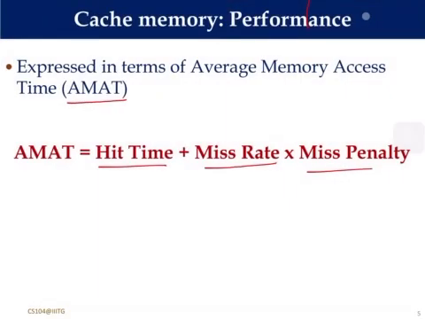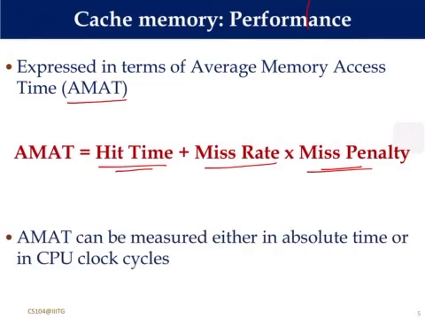So this is the hit time plus miss rate into miss penalty, right? As it is said, it will be measured either in absolute time or in CPU clock cycles, right? Then we will be solving two problems with that. That we are coming to in the next part.